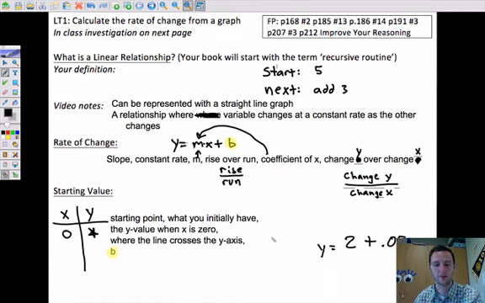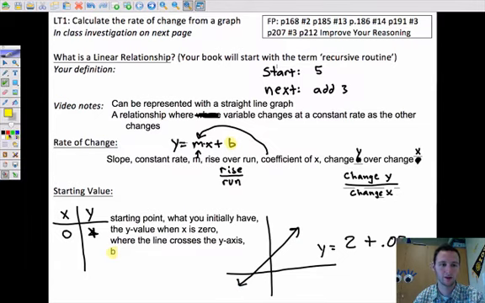If we look at where the line crosses the y-axis, if this is the graph of our line, it crosses the y-axis right there. And so this point right here is the y-intercept.